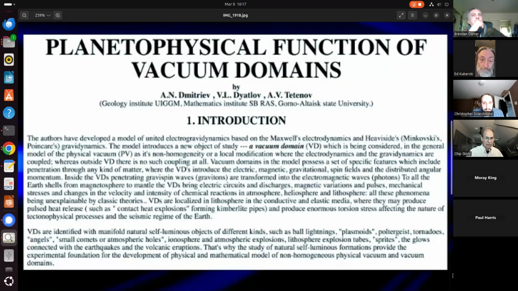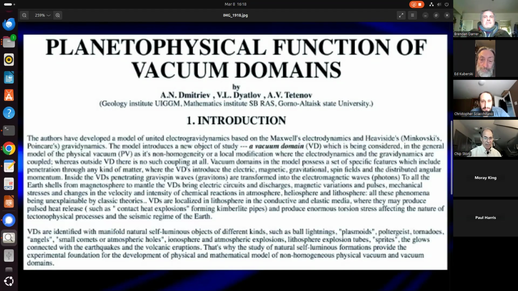The model introduces a new object of study, a vacuum domain, which is being considered in the general model of the physical vacuum and its non-homogeneity on a local modification where the electrodynamics and the gravidynamics are coupled. Very important thing, right? Yes, a local frame where the electrodynamics and the gravidynamics are coupled. Whereas outside the vacuum domain, there is no such coupling at all.